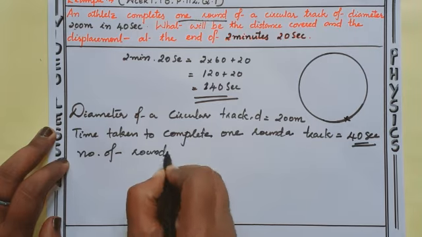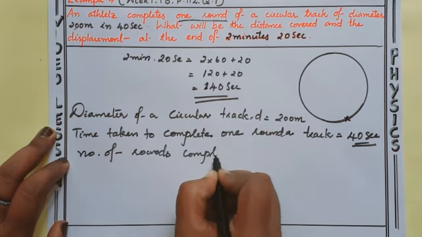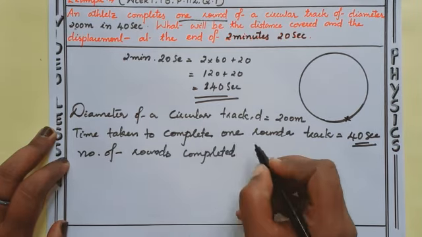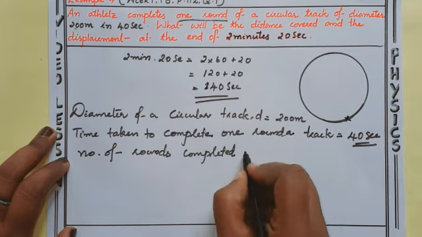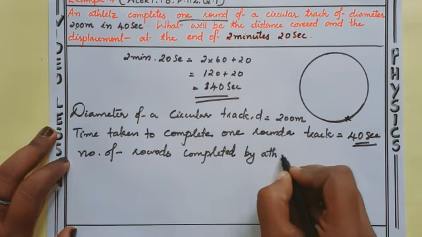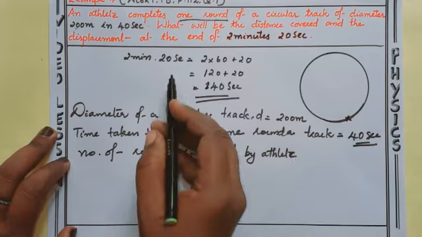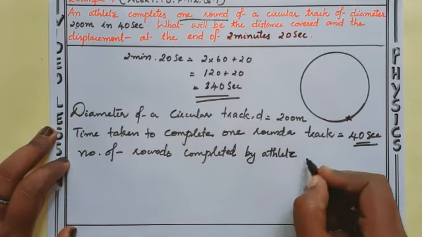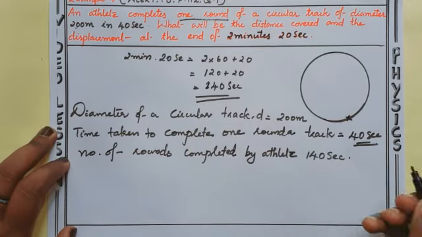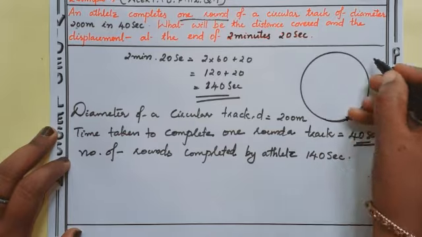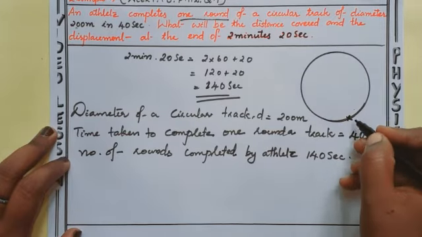Okay, so the number of rounds completed by the athlete in 2 minutes 20 seconds, that means 140 seconds. How many rounds? He will finish one round in 40 seconds.